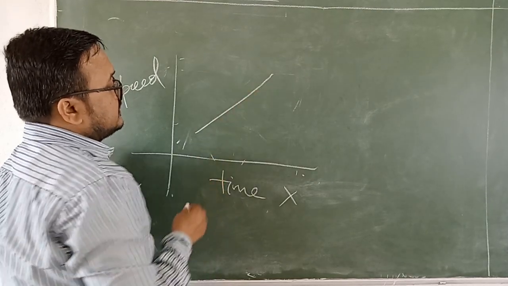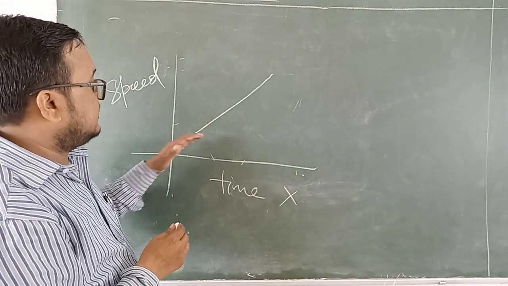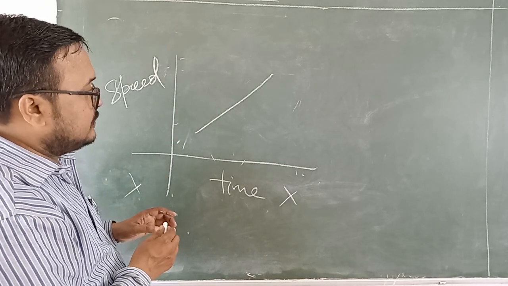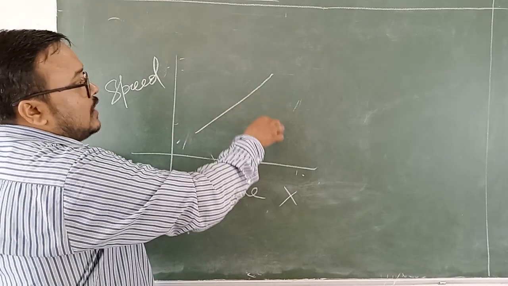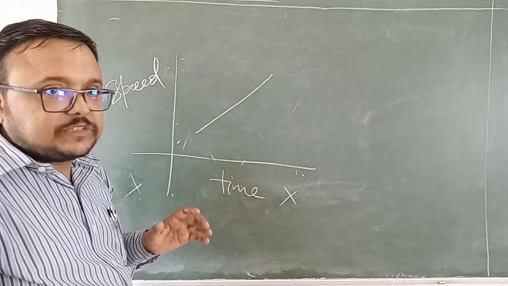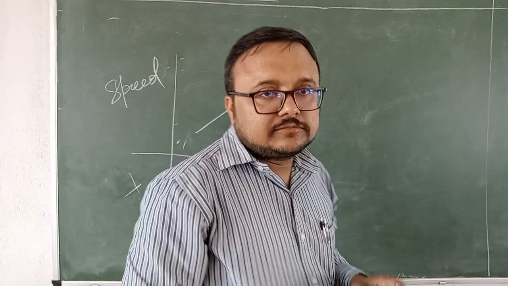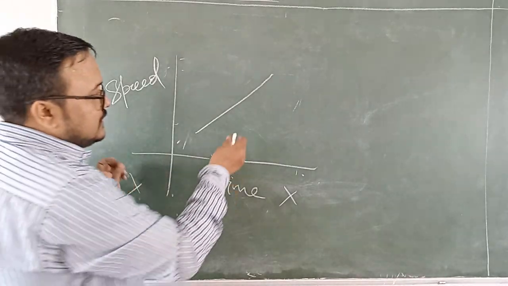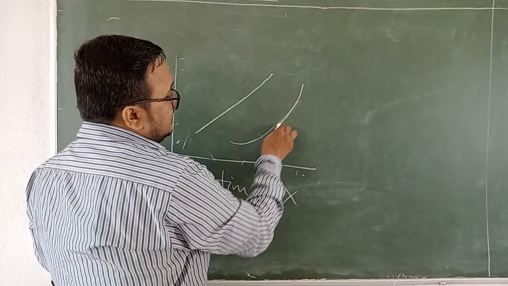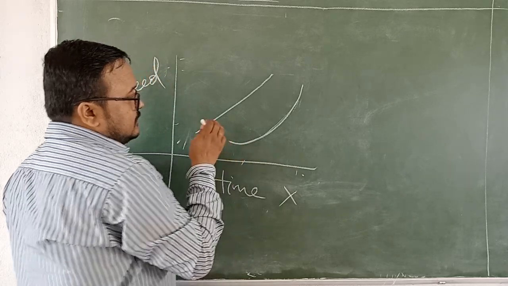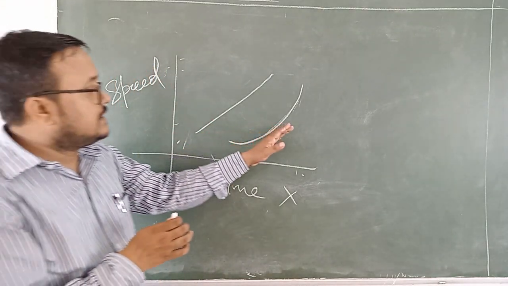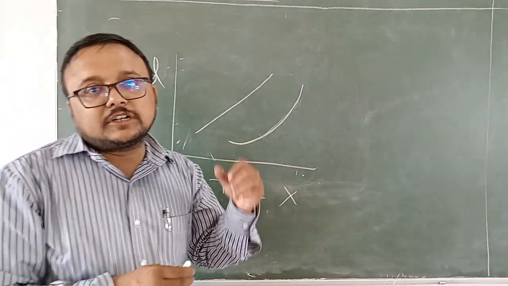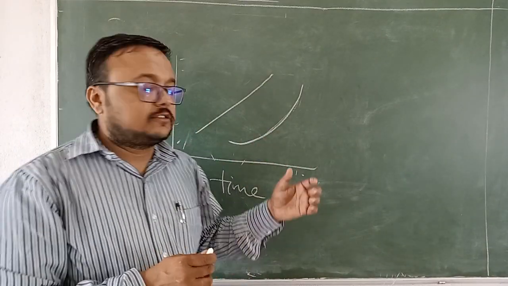If the slope is like that, then this is acceleration. Speed is accelerating with time. It will go up and down because speed will increase or decrease like that. And if graph is curved, then we can say that it is accelerating with non-uniform acceleration.